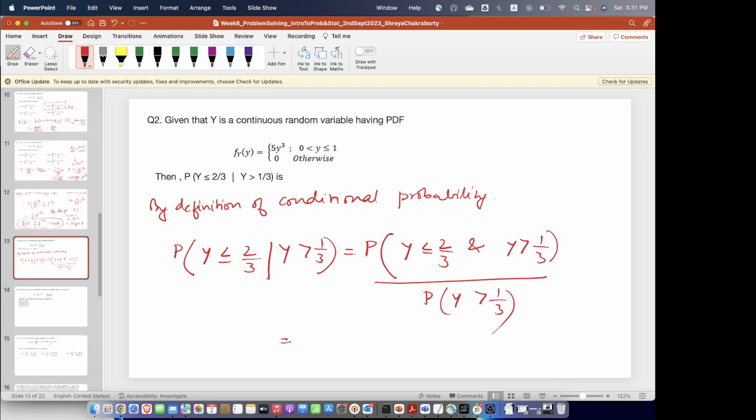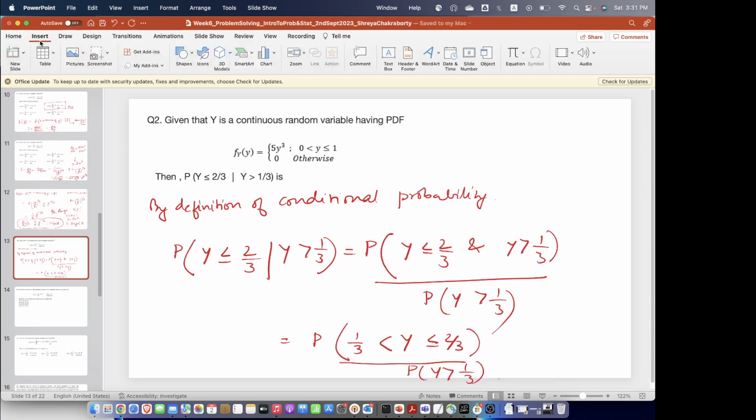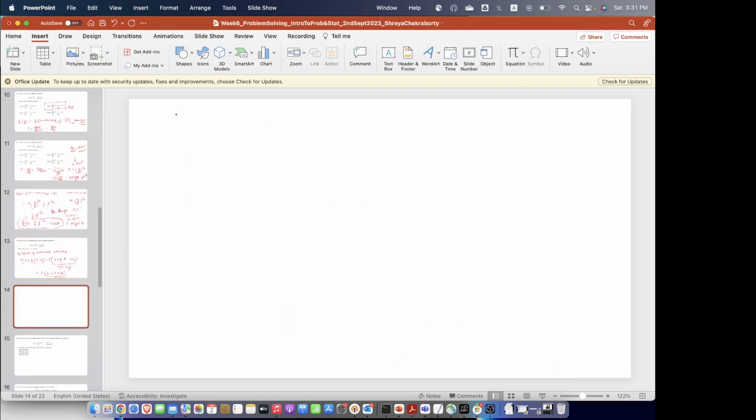So this thing we can write as probability 1 by 3 less than y less than or equal to 2 by 3, divided by probability y greater than 1 by 3. We can write it in this manner. So now we have to evaluate the individual probabilities. Probability 1 by 3 less than y less than or equal to 2 by 3.